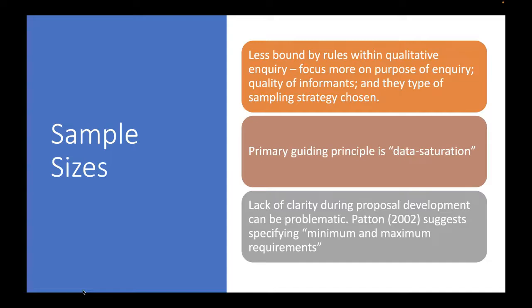And what you do with the sample size calculator is it requires you to know certain information. It requires you to say what the size of your source population is, the size of your frame, the size of your accessible population.